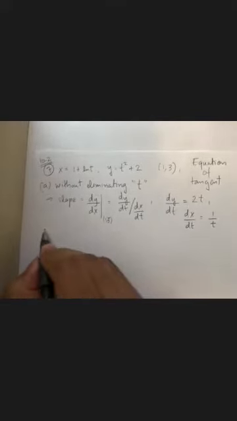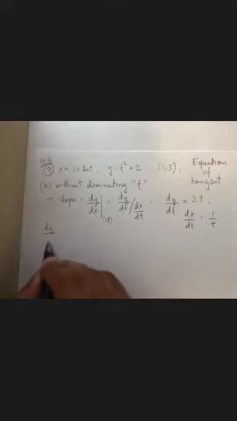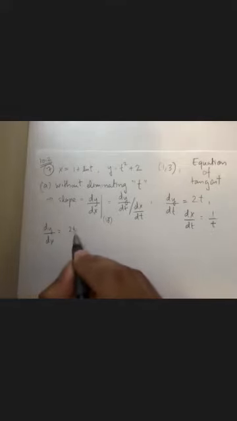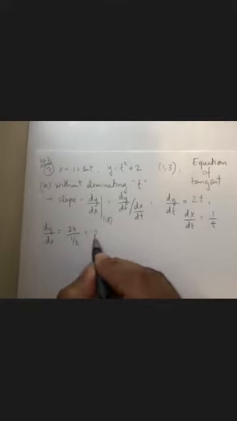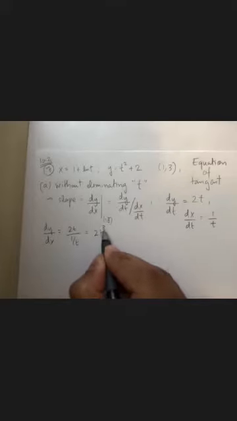So dy over dx becomes two t cube. But we have to find it at the point 3, 1.